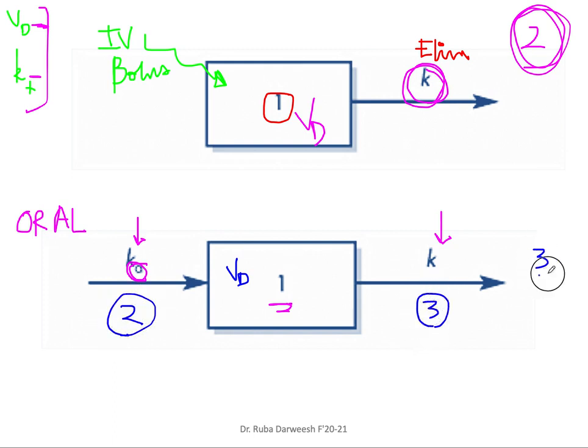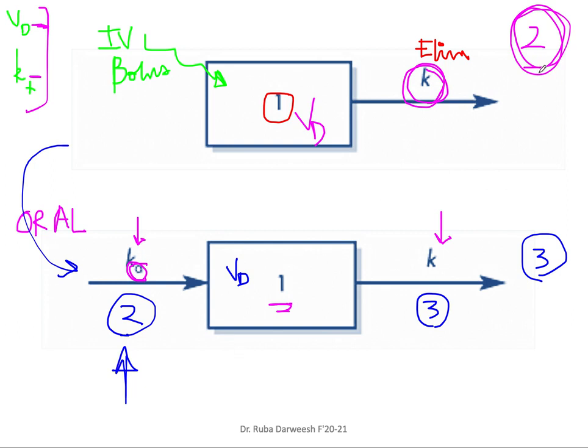Again, we said that the complexity of this model increased because we added one kinetic process. So the complexity of the model could increase or decrease depending on the number of kinetic processes that we have, right?